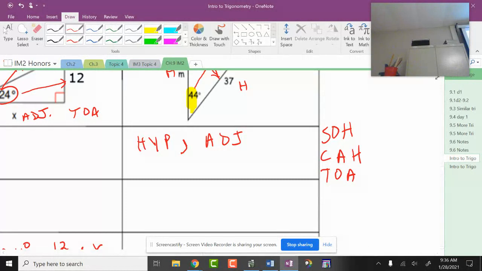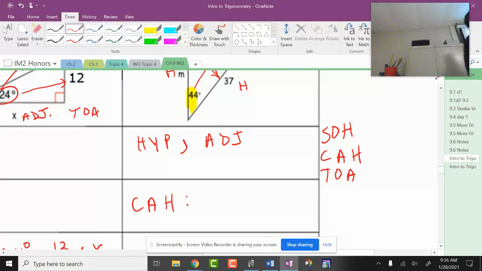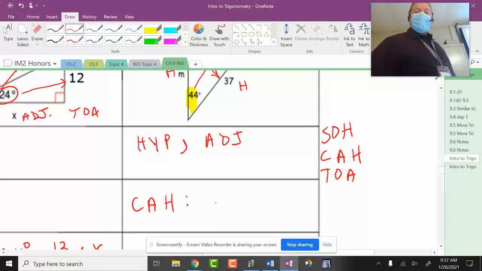A and H. Which one of those three have A and H in it? Okay, so that's CAH. What does the C stand for? Which trig function? Cosine. Okay, so I'm dealing with cosine.